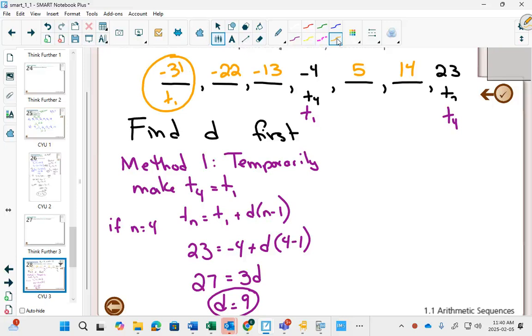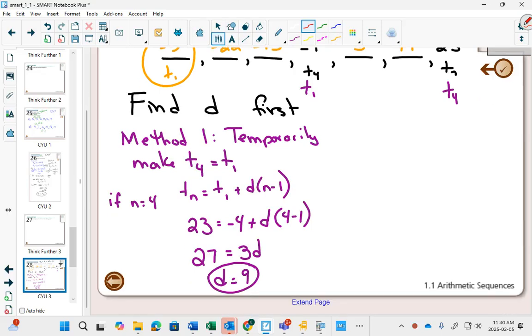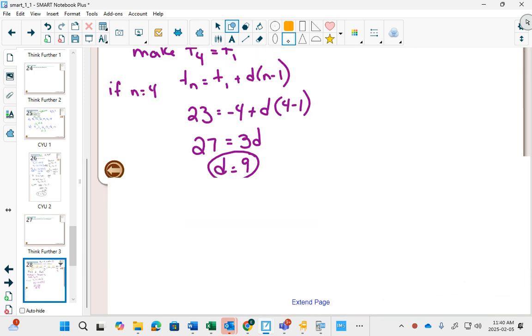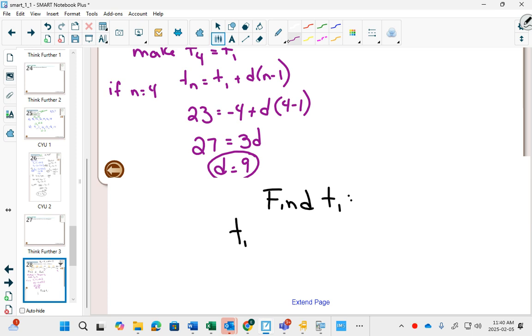So another way that you can find term 1, we could also find term 1 by using the actual formula. Here's the formula. We want to find term 1, but now we know D, and we know actual terms in the sequence.